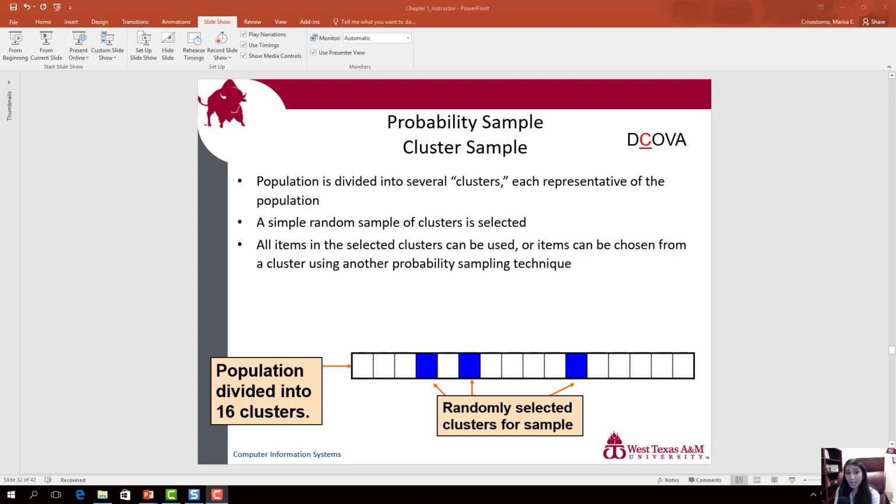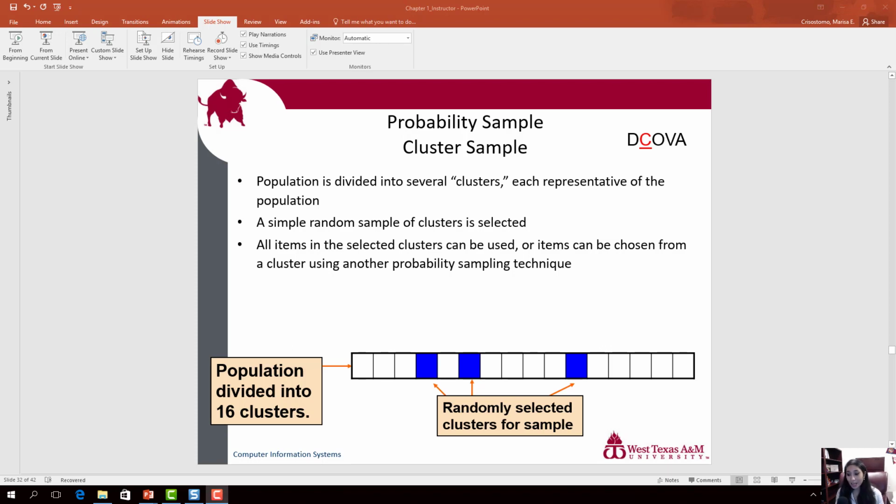The cluster sample is really used as a cost-effective measure. So for example, if I am the governor of Texas and I want to know how many elementary schoolers are on the assisted lunch program, instead of doing a simple random sample of all elementary schoolers in the state of Texas, which can be quite time consuming to collect, I would divide my population into clusters, so maybe the counties, and randomly pick a county.